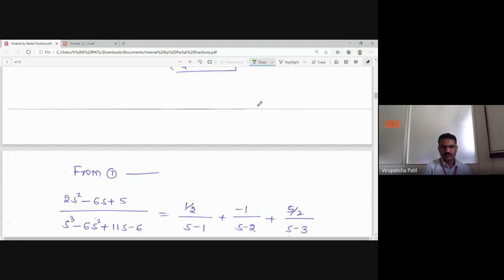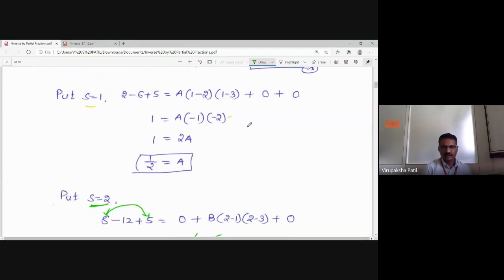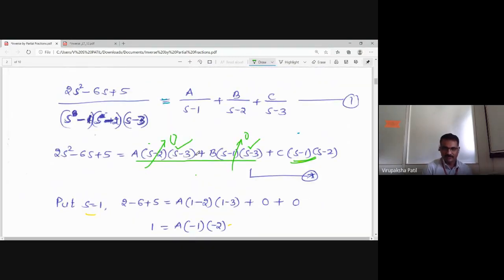5 by 2. Once you have got this, go back to this equation. From this equation you got all the values of A, B, C. Pick up those values of A, B, C and substitute in equation 1.